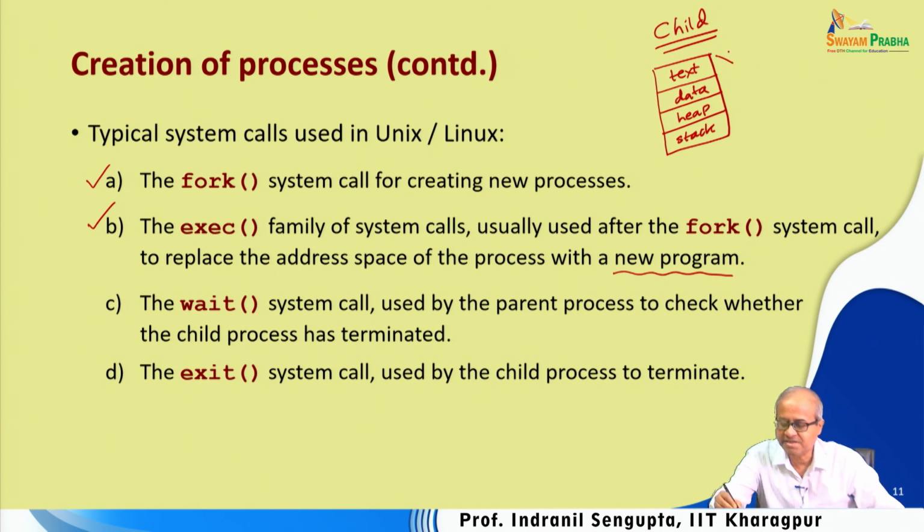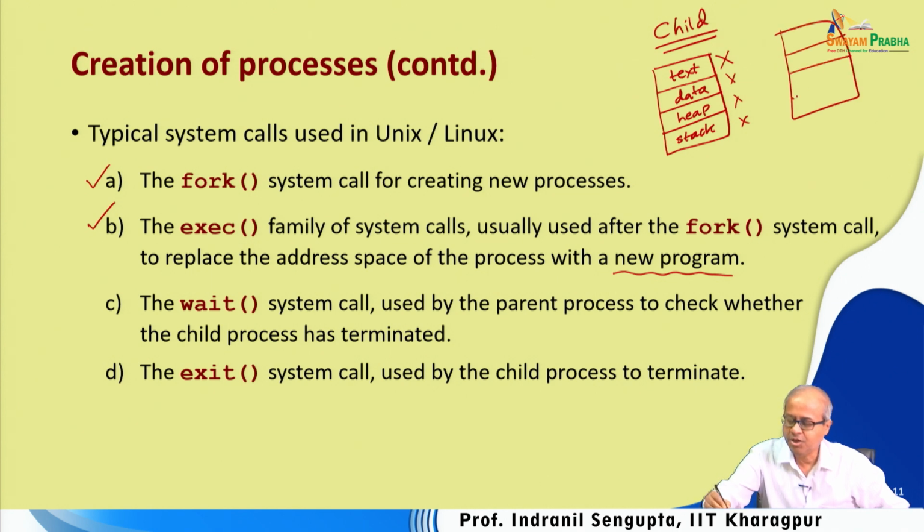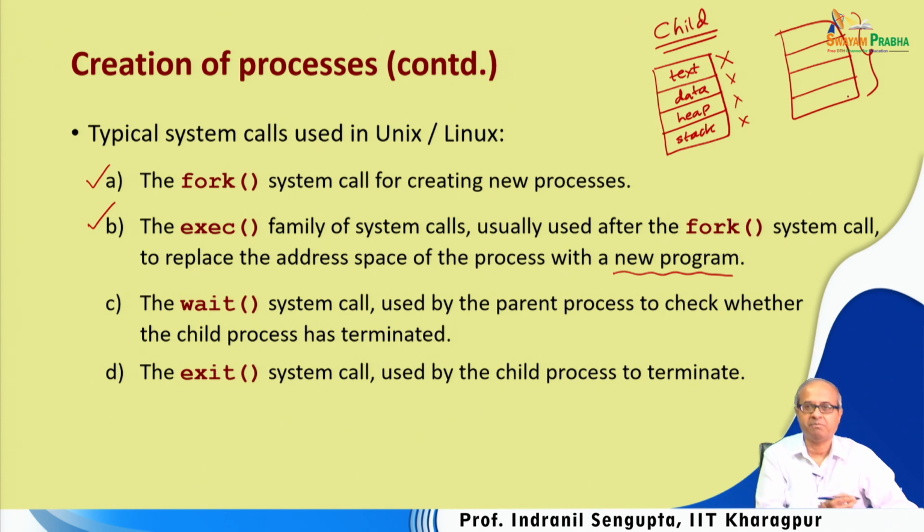This original text region gets overridden, everything gets overridden by new memory regions corresponding to the new program. Whatever is required by the new program will overwrite the existing segments that we have, text, data, heap and stack. They will all get lost, and new copies corresponding to the new program will get stored in the place. That is what is done by the exec system call.